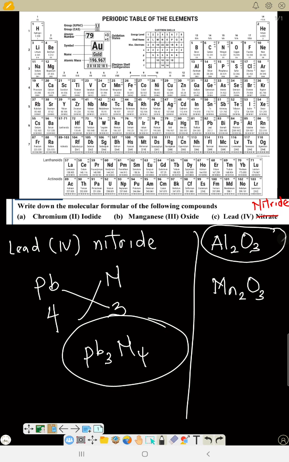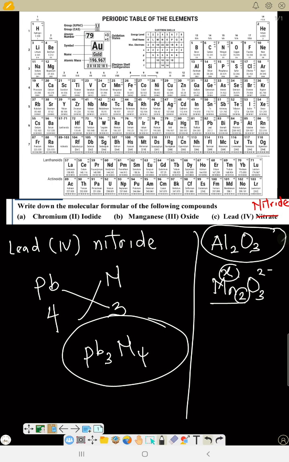But if it is transition metal and non-metal, just like this, I have to know what exactly is the valency of this Mn, because transition metals have more than one valency, so I have to be sure what is the valency. So manganese is transition metal, so underline it and put X. Oxygen is 2 minus.